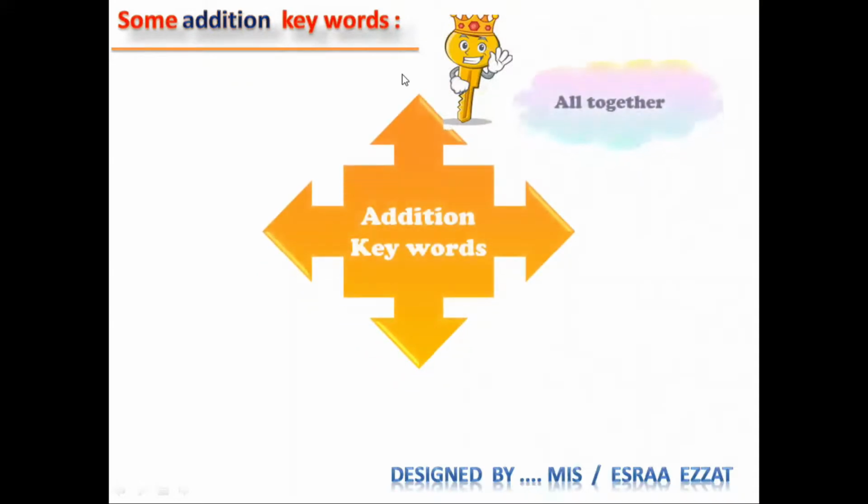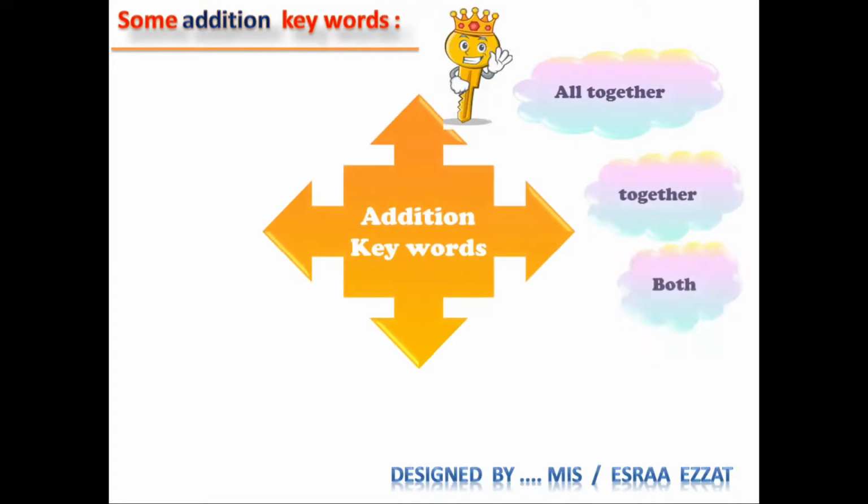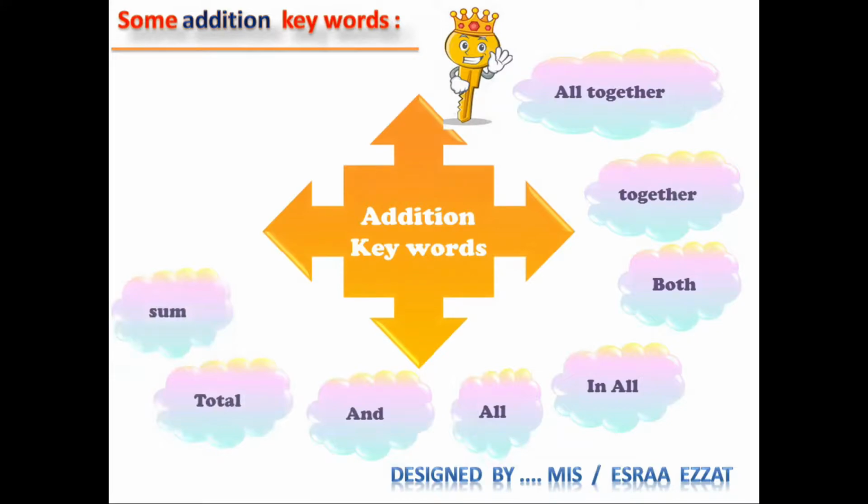These words are: all together, both, in all, and, total, sum, add, and the last one is join. So when we see one of these words in any problem, we decide that we will use addition in this problem. So all these words are addition key words, okay?